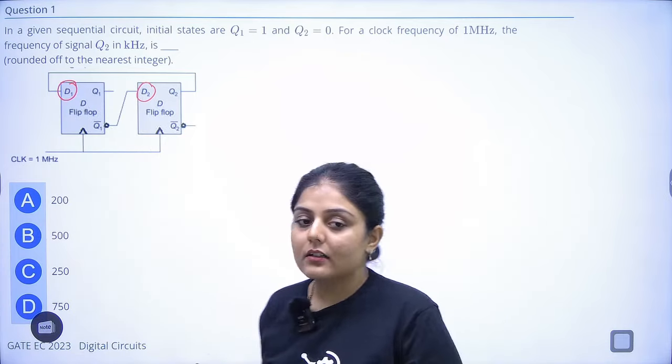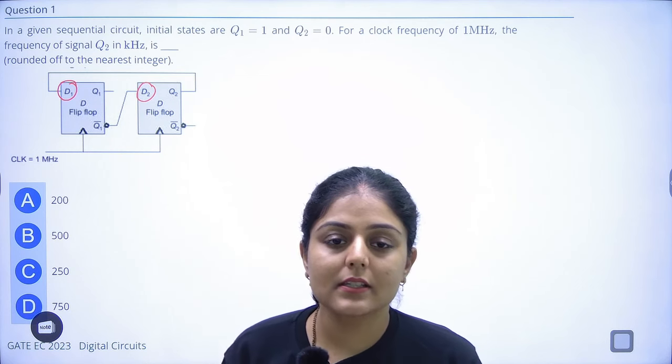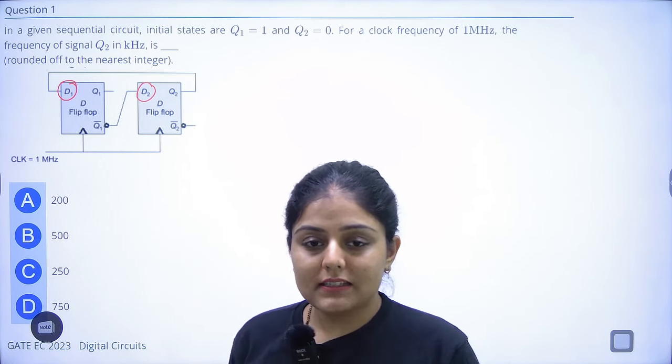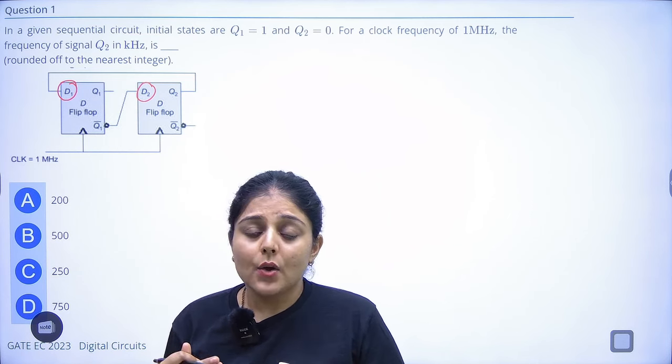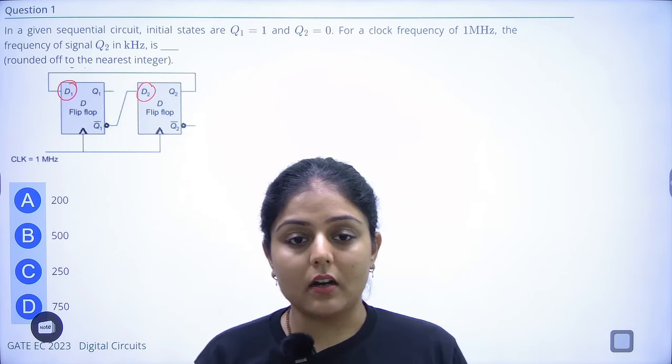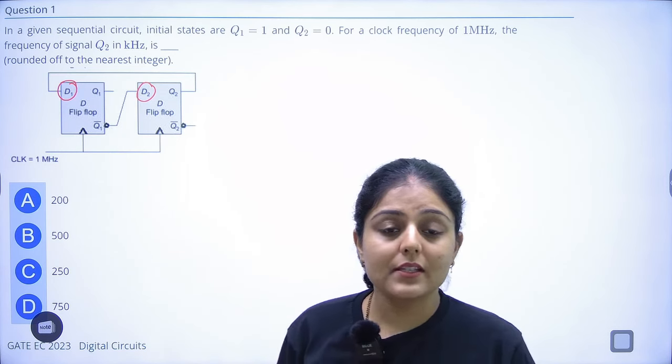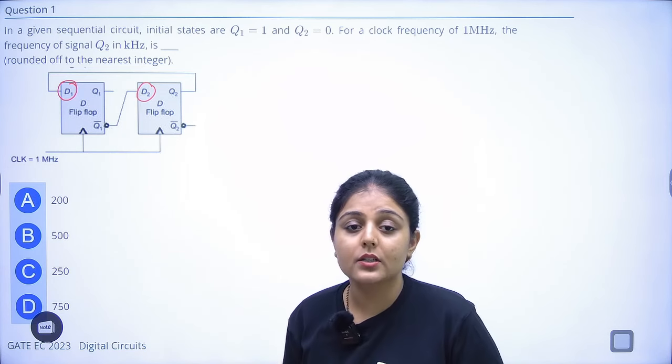They are saying that in the given sequential circuit, the initial states are Q1 equals 1 and Q2 equals 0. For the given clock frequency of 1 megahertz, the frequency of signal Q2 in kilohertz will be?